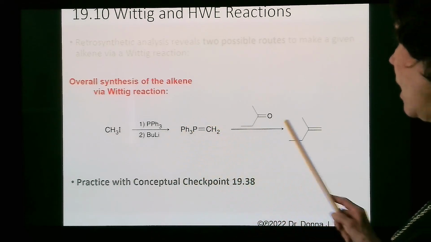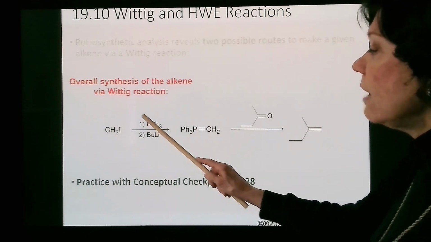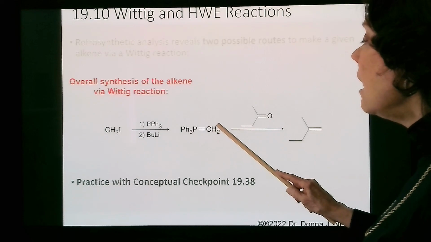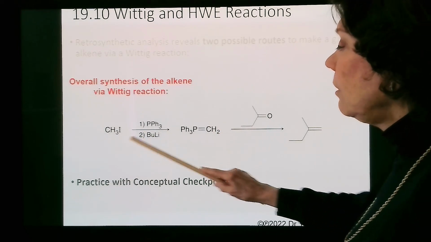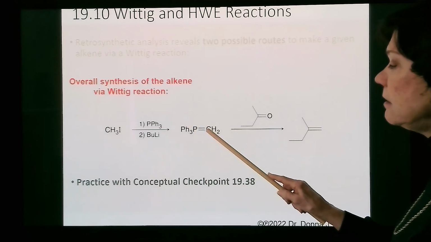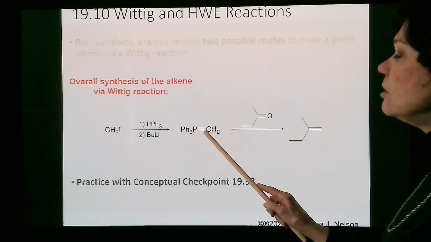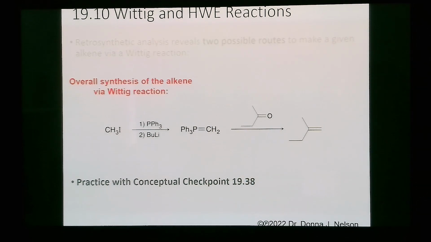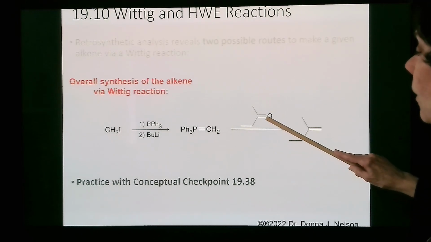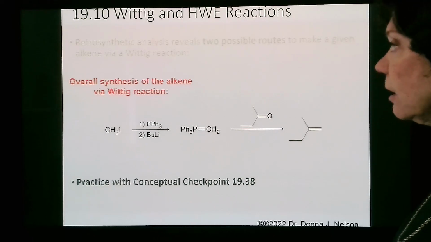This is the one that is preferred because when the triphenylphosphine comes in and does a backside attack, displacing iodide, and then using butyl lithium to abstract a proton, this is the Wittig that is generated. This incurs less steric hindrance to generate this Wittig than the other Wittig reagent. And so when it reacts with this ketone, here is the product that was the target molecule.